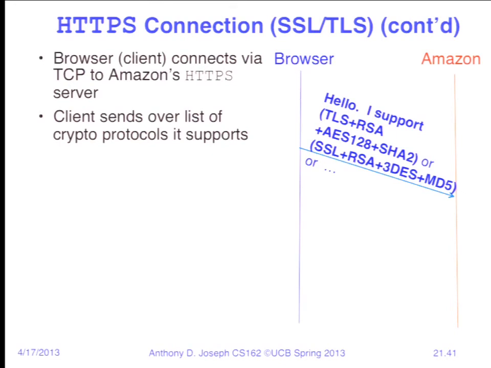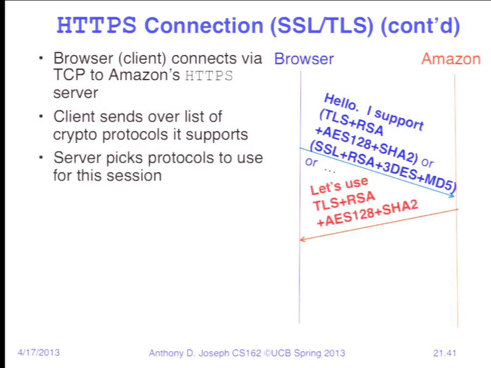Basically, the client is sending over a list of the crypto communication protocols that it supports. Now the server has a policy for which protocols it's willing to support. Amazon's pretty smart, so they're probably going to say, no way am I going to support MD5, I know that's broken. So I'll support you using TLS, RSA, AES128, and SHA-2. If they can't agree, your browser won't be able to connect. So if you took a very old version of Internet Explorer or Firefox and tried to connect, it probably wouldn't work.